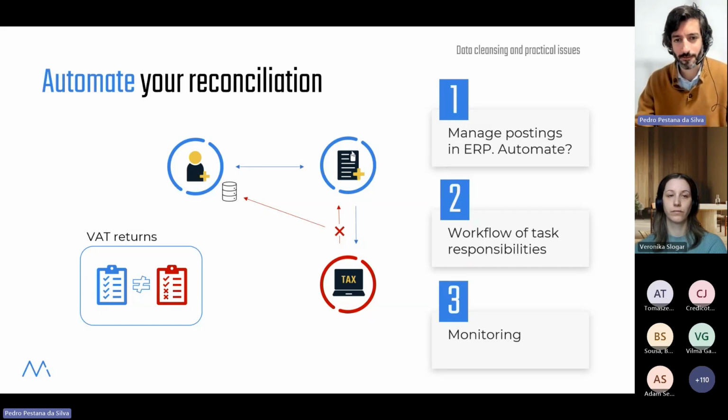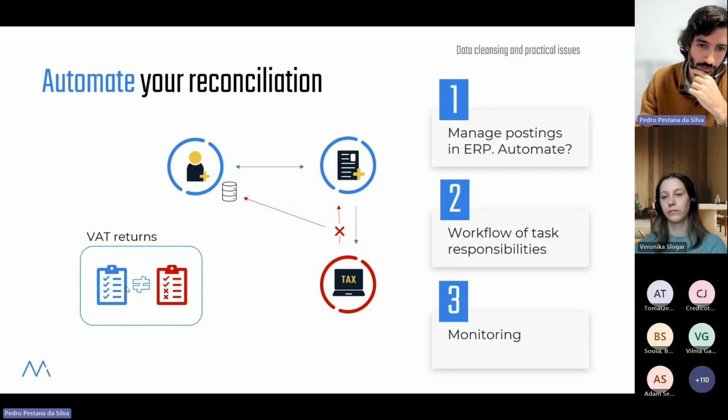So this process of handling errors, correcting them and reissuing the invoice data will be a big part of tax and finance teams going forward. If you don't handle this error, the tax authorities will have a VAT return, right here in red, that does not match your VAT return in your system. And that's going to create questions, probably automatic.